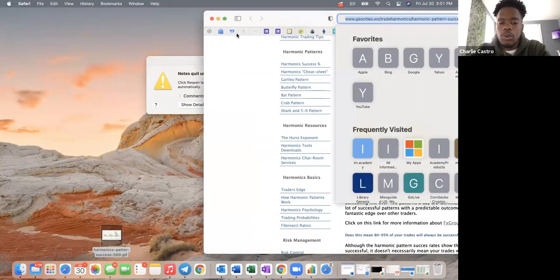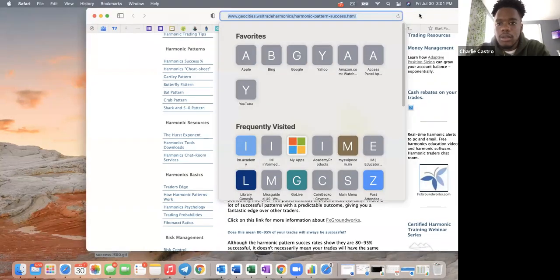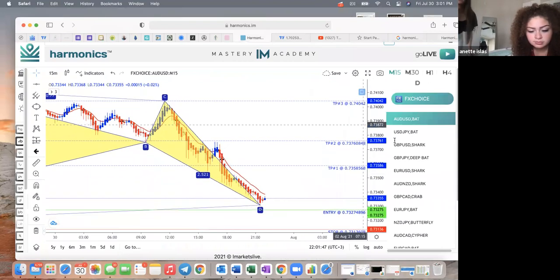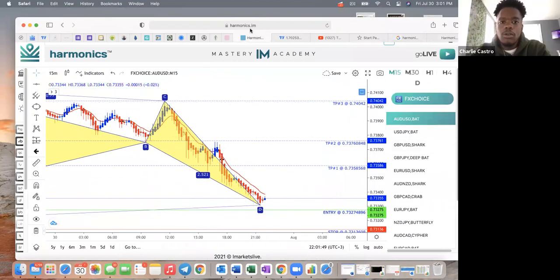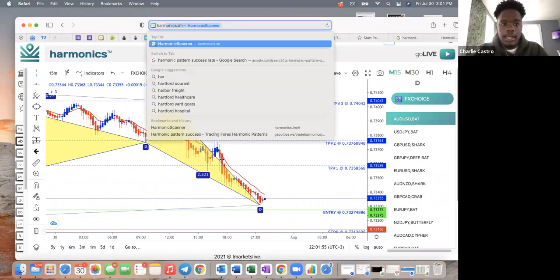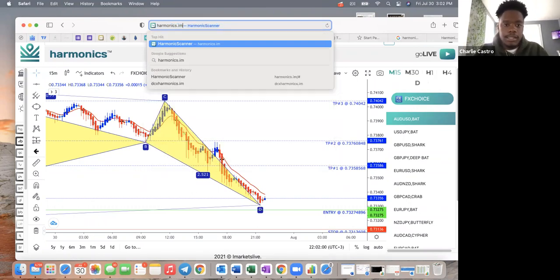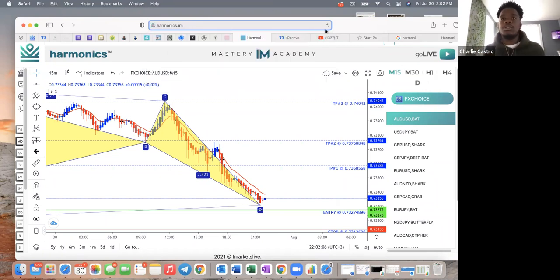So what package do you have, by the way? Okay, the DCX. So to access this, you just go to harmonics.im. That's how you're gonna access it. You can't find it on your im.center, none of that. You have to go to the website itself and log in with your username and password, and you should be able to get right in.